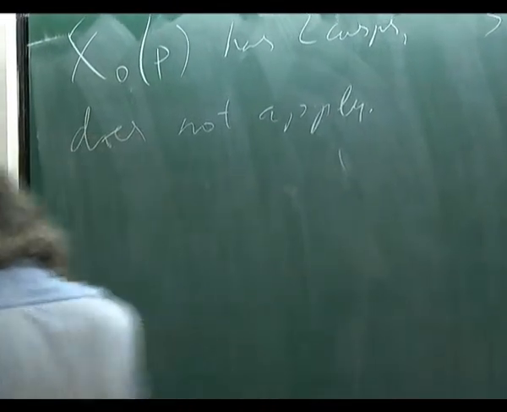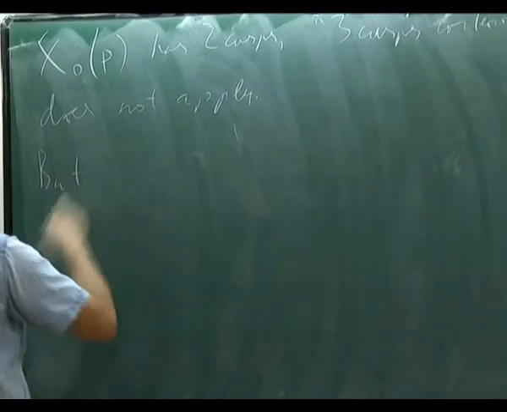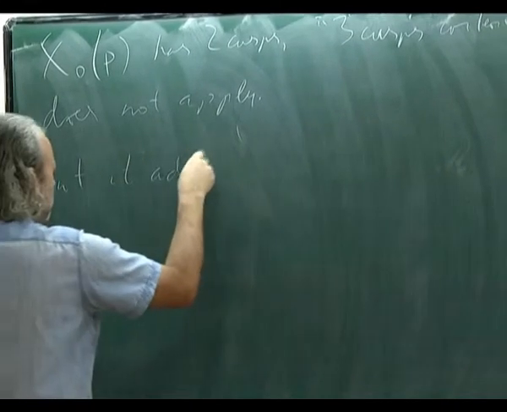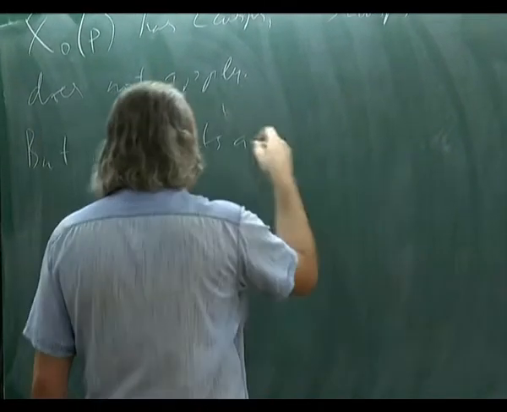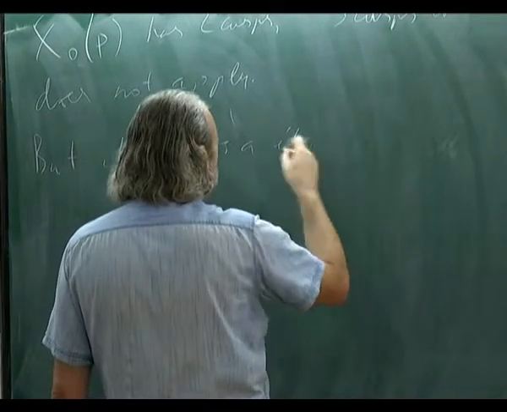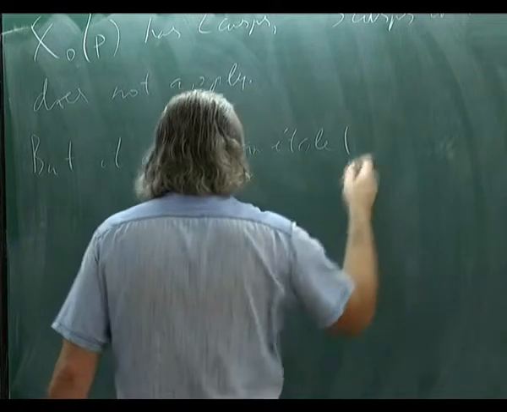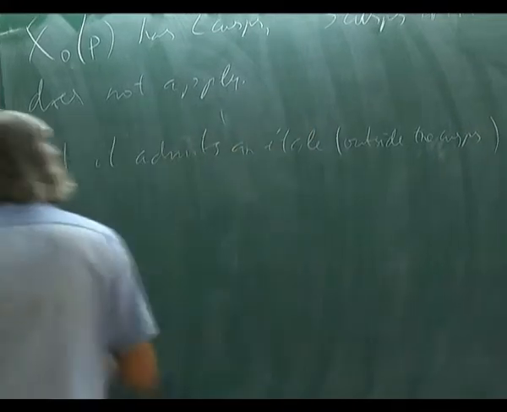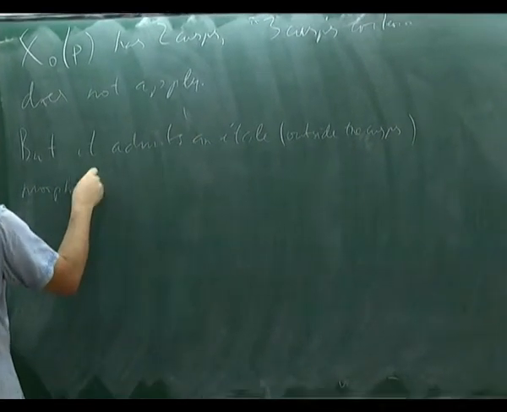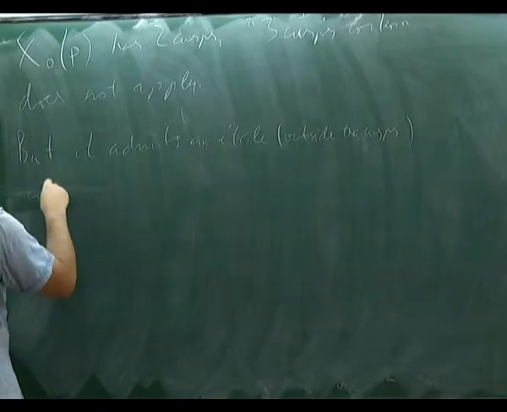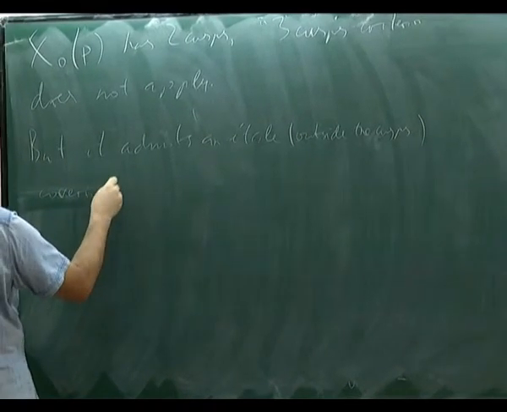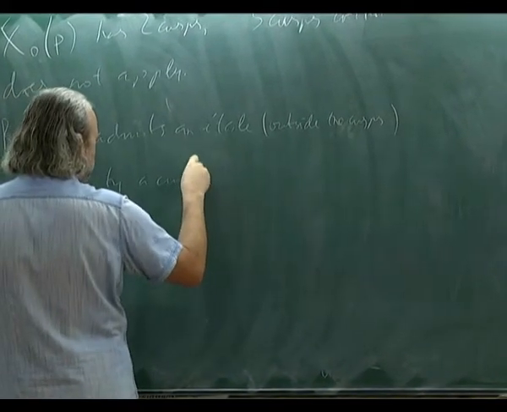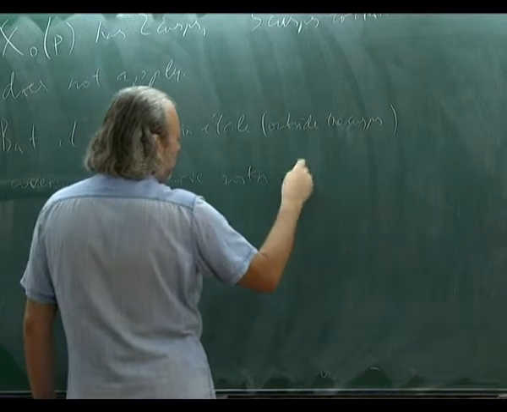But it's not difficult to show that it admits a morphism, outside the cusps, covering, let us say, by a curve with at least 3 cusps.